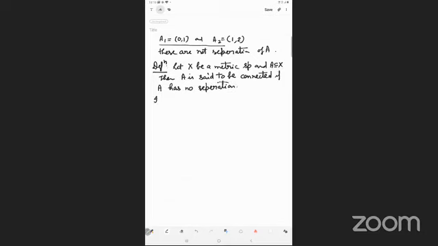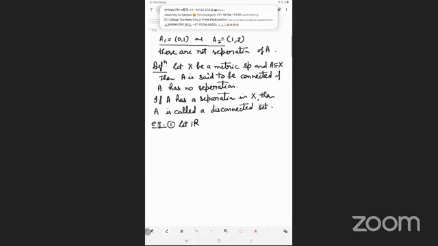We will see more examples here. Number one, let R be the usual metric space, and we are considering A as R minus 0, that is a punctured real line.